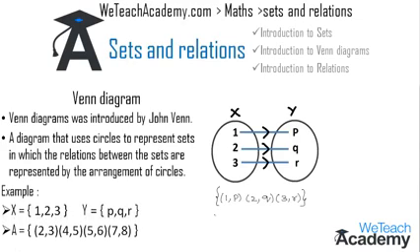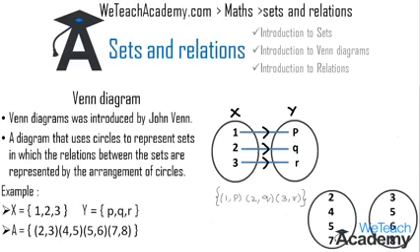In the next example we have a set of ordered pairs where A is equal to {(2, 3), (4, 5), (5, 6), (7, 8)}. Now let us represent this example in the form of a Venn diagram. Let us write the first element of each ordered pair in one Venn diagram and the second elements of each ordered pair in the second diagram.